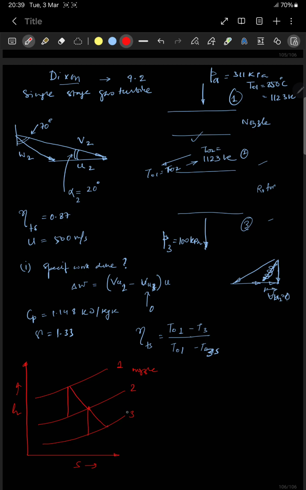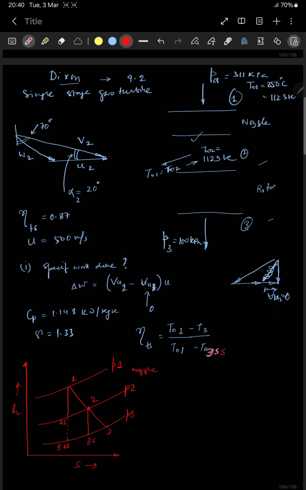This is pressure 2. This is pressure 1. This is 3. This is 2. This is 1. This is 2S. This is 3 double S. This is 3S.